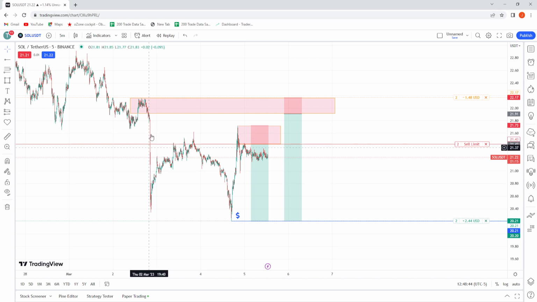Sometimes when you see an extremely motive move like this, somebody will say there's a lot of IDP, or inefficient delivery of price. It just means that all the participants that could have participated in this move were not able. So a lot of times that's why you'll see a correction occur in certain areas.